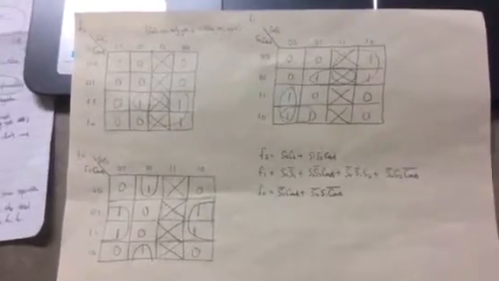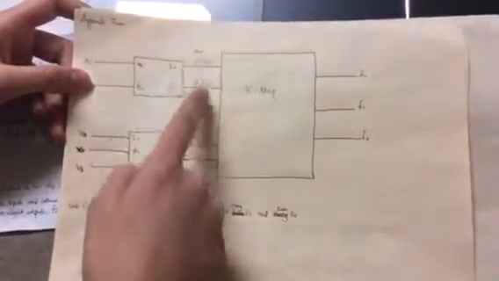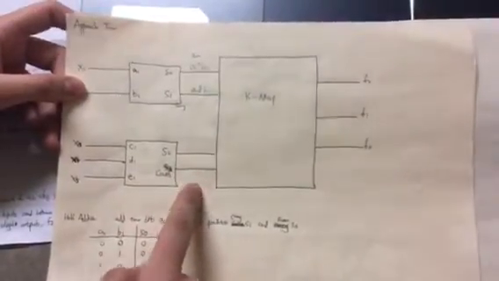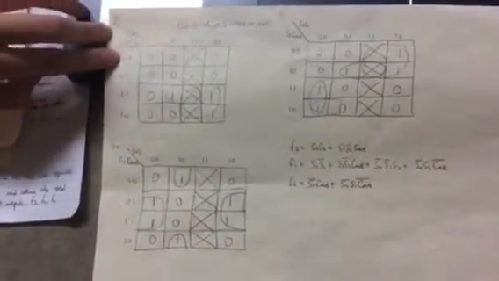Then I need to draw the k-maps for f2, f1, and f0. They are the outputs I need, and I have 4 inputs here. So I need to add the two two-digit numbers together.